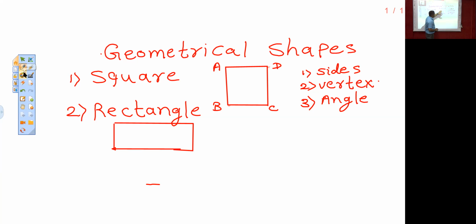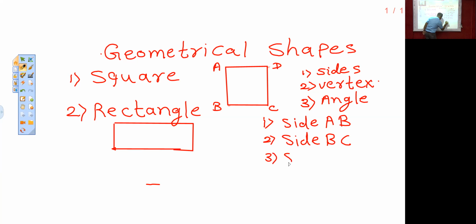So now they have the sides. Now I'm going to tell you what the sides in the square are: side AB, side BC, side CD, side AD.